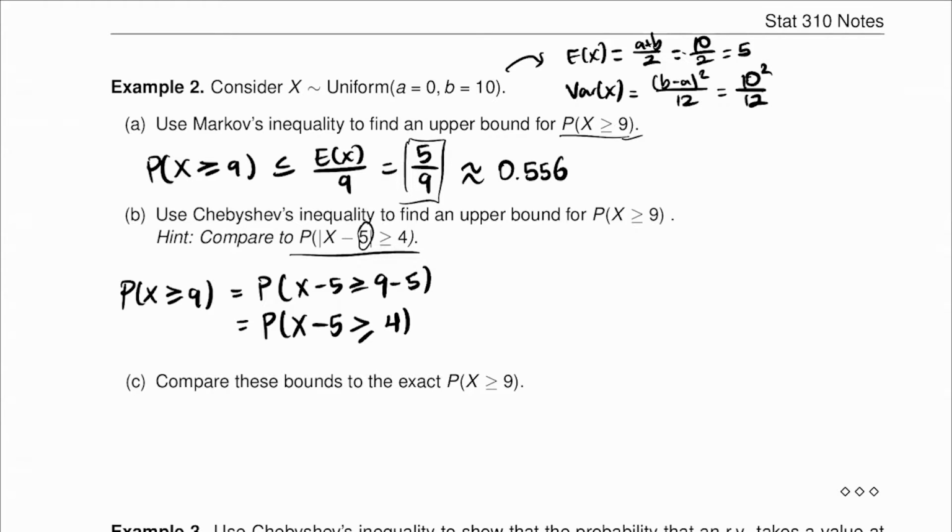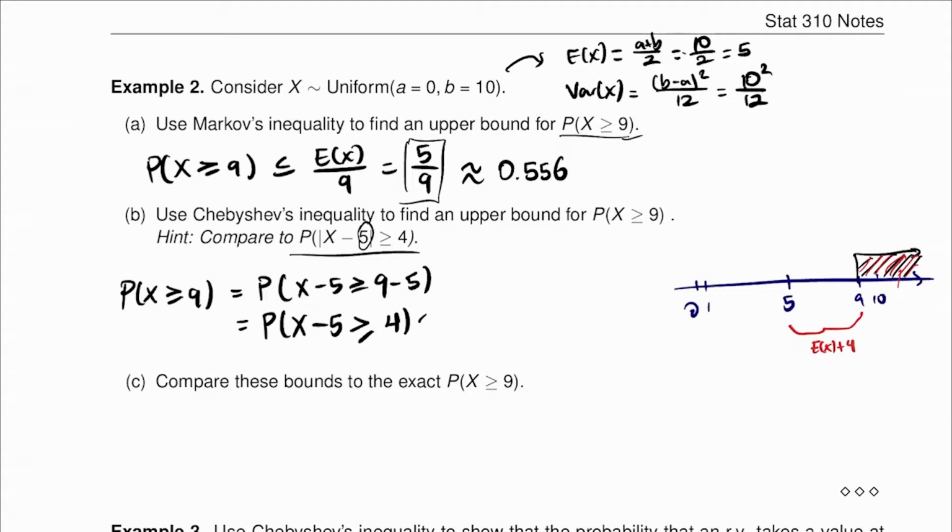So if we have this region here, we have 9, 10, we have 5, and 0. Those x greater or equal than 9 is the same as if we subtract the expected value, in this case 5, because this is the expected value of x, that difference is greater or equal than 4. This is the same region.